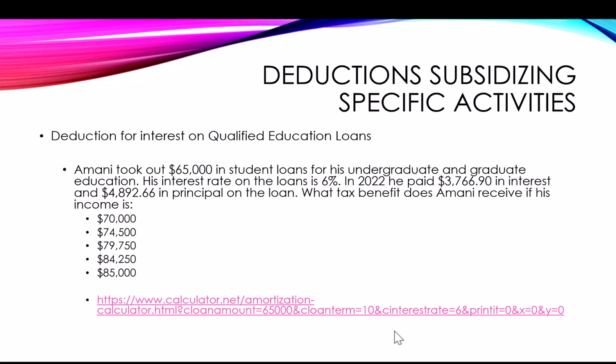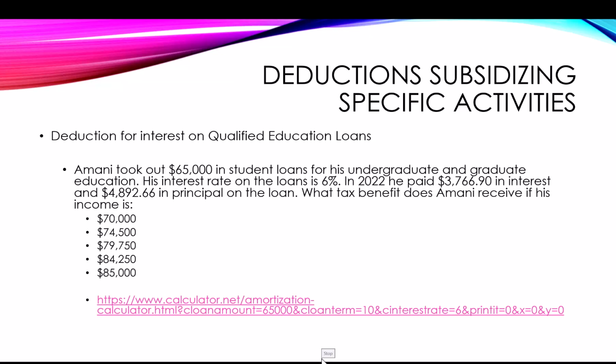Therefore, they sought to encourage people to go to college, even if they had to take out loans, by offering a for AGI deduction. The for AGI deduction, available for qualified education loan interest, is limited to $2,500 per tax return. In addition, Congress has chosen to phase out the available deduction based on the level of income that an individual earns.